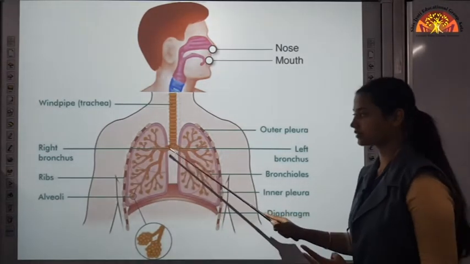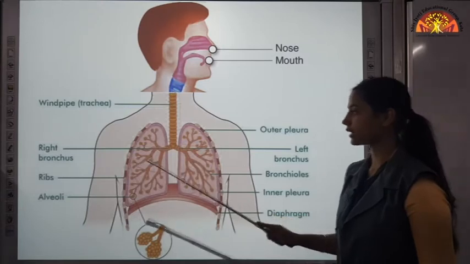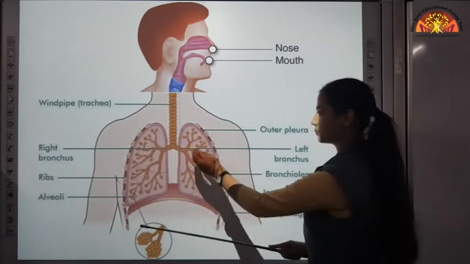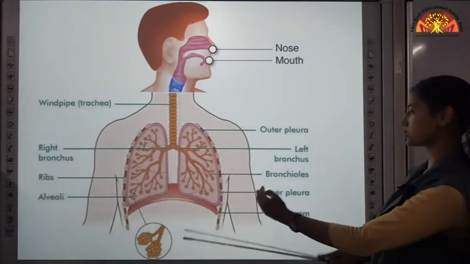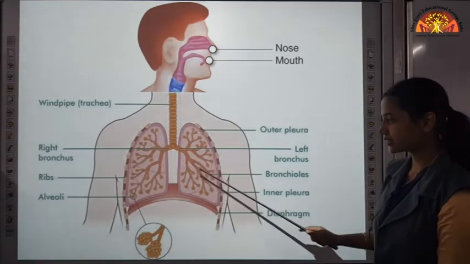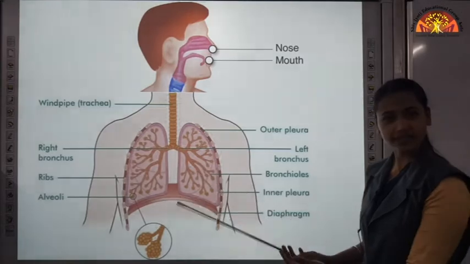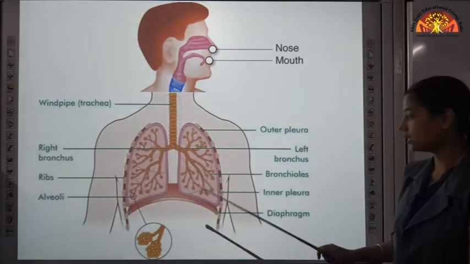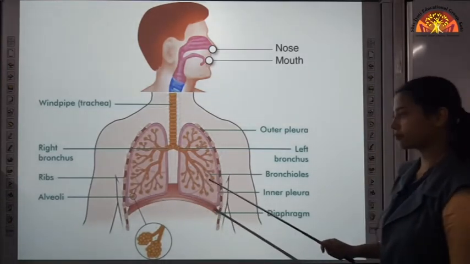Two bronchi, this yellow small tube is bronchi. Then these bronchi again sub-branch into bronchioles. You can see these root-like structures, this is bronchiole.